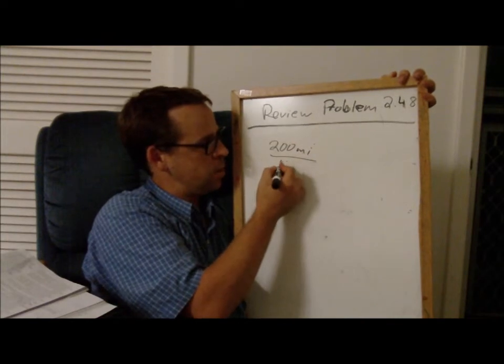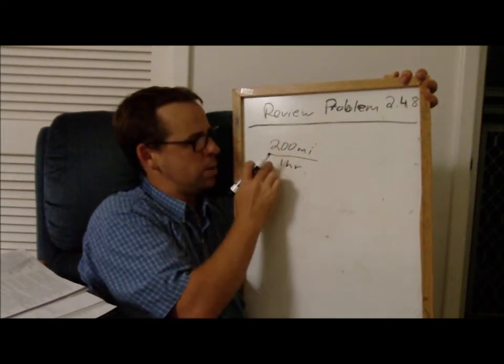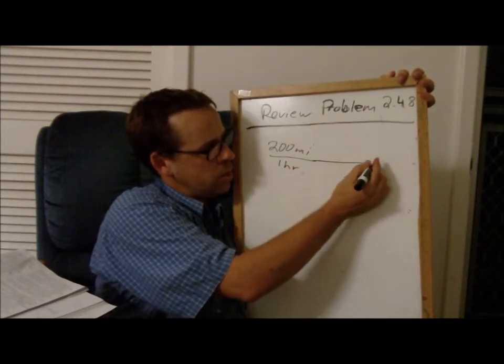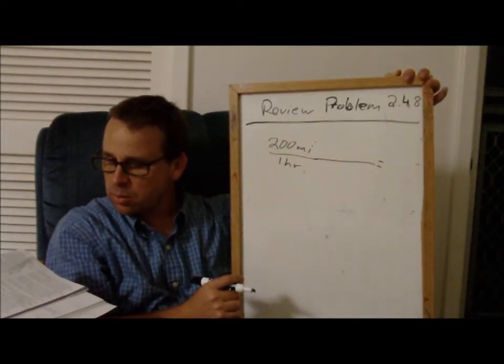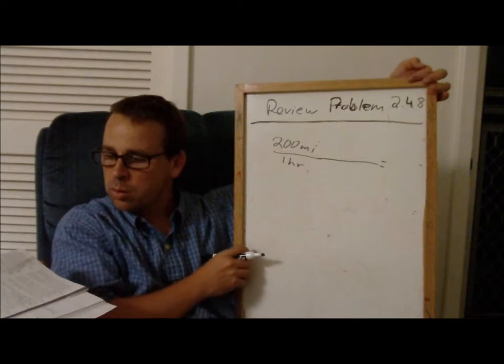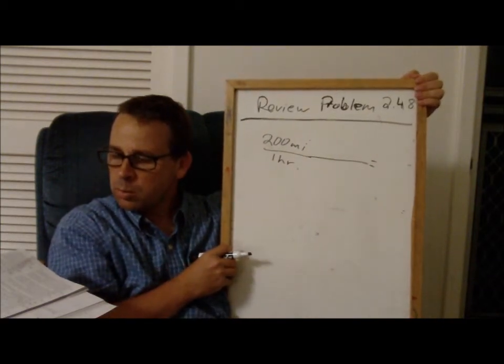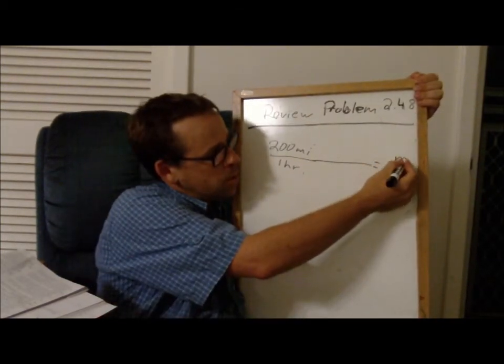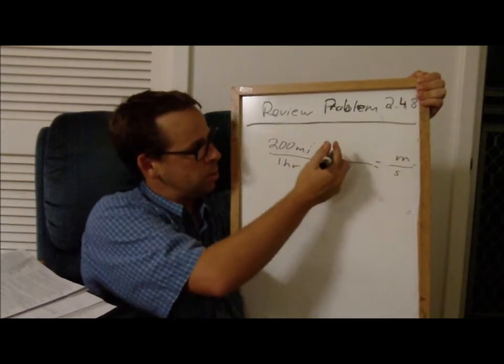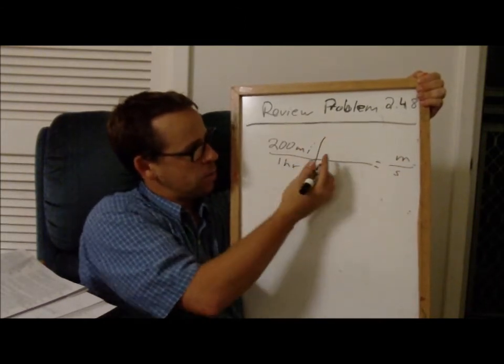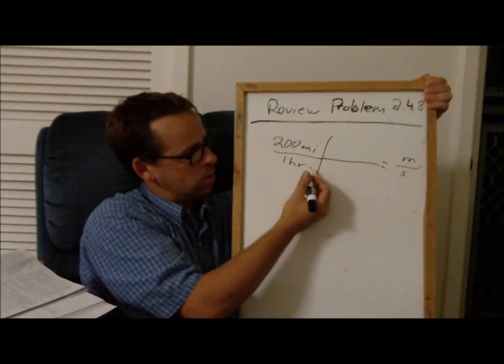Miles per hour: 200 miles per hour equals, and we want to know meters per second. We have to go from miles per hour to meters per second. We know how to deal with this. We did this before.